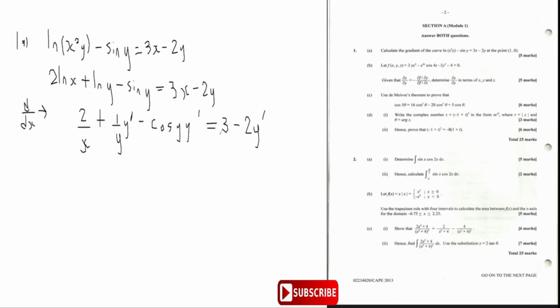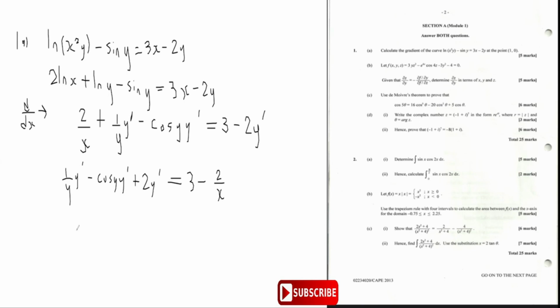All right, let's bring everything with y prime on this side. So we're going to have 1 over y times y prime, then minus cosine y times y prime, then plus 2y prime. And that's going to be equal to, bringing everything else to the other side, 3 minus 2 over x.